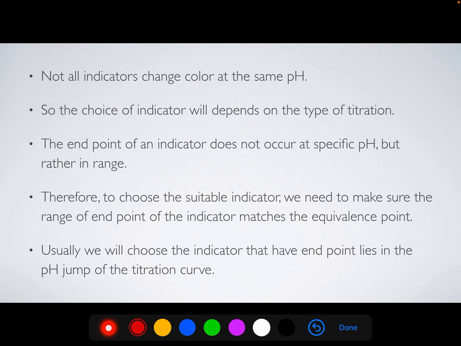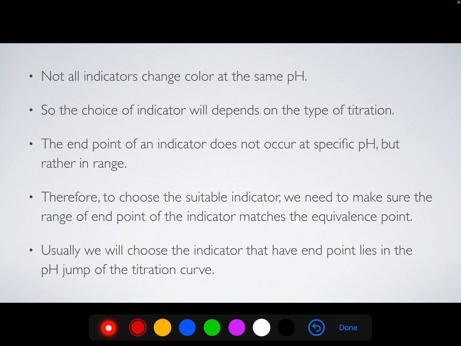So cara kita nak cari yang paling senang ialah kita cari indikator mana yang boleh berubah warna yang endpoint dia match dengan kita punya pH jump tadi. Okay, remember we have different pH jump for different titration. Kita punya strong acid strong base tadi pH jump dia besar 3 until 11.